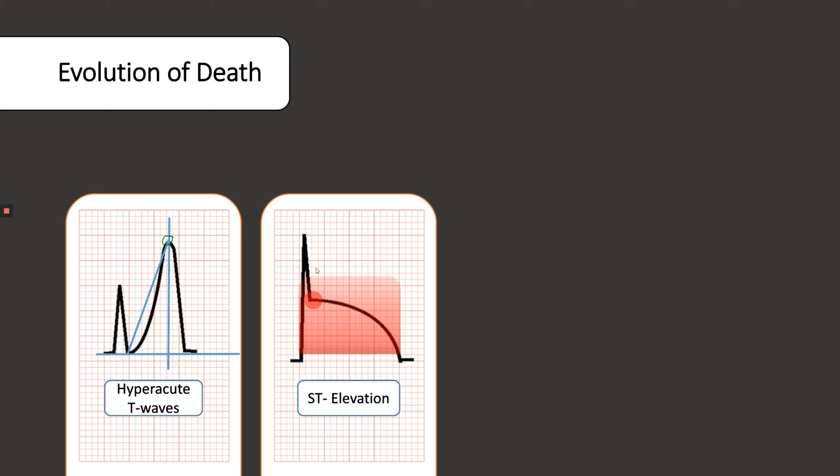So if my J point was, let's say, right here, not significant. It's not over 1 millimeter. And again, 1 millimeter is just one tiny block. So if it's over one tiny block tall, then we're significant.